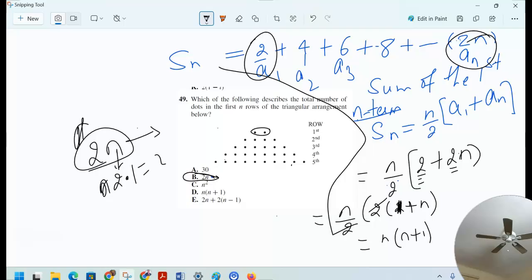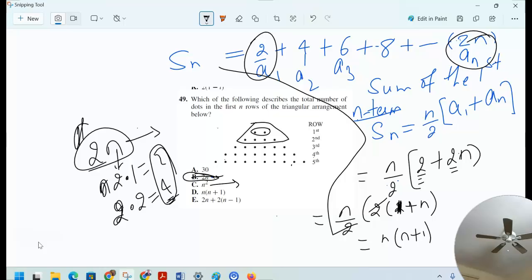If it is 2, it will be 4, correct? But adding this, it is 4 plus 2 is 6, right? So this cannot be the answer. It is adding this 2. So that fails. Even this fails.